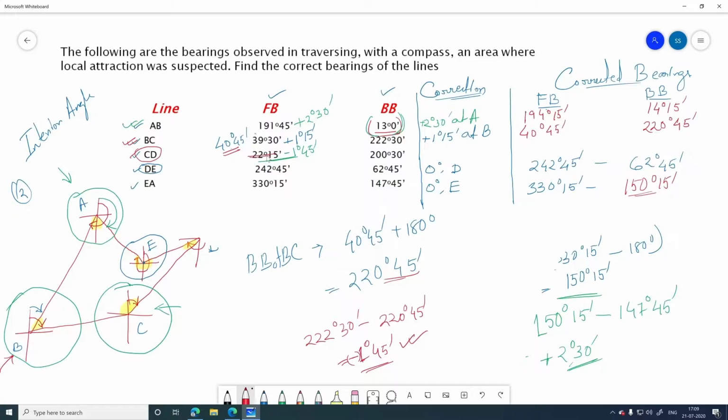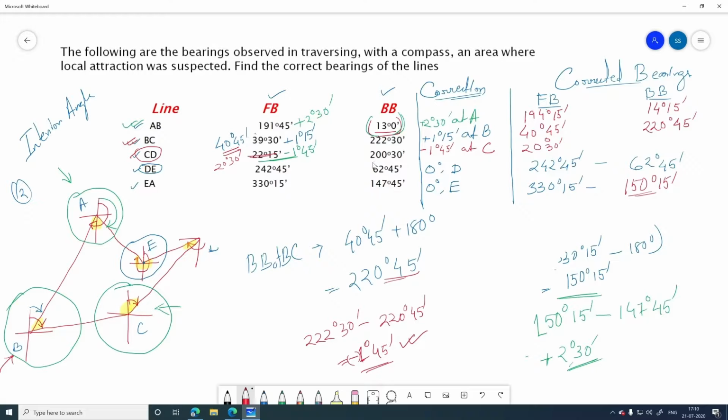So we just write over here 20 degree 30 minutes. Okay. And now the correction required is minus 1 degree 45 minutes at which point? At C. So I think all is completed. So 20 degree 30 minutes is the value of the forebearing.